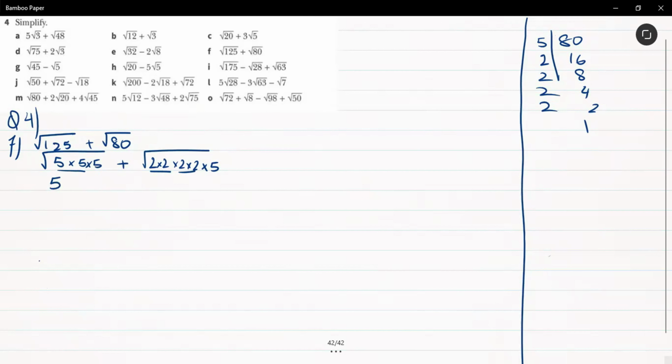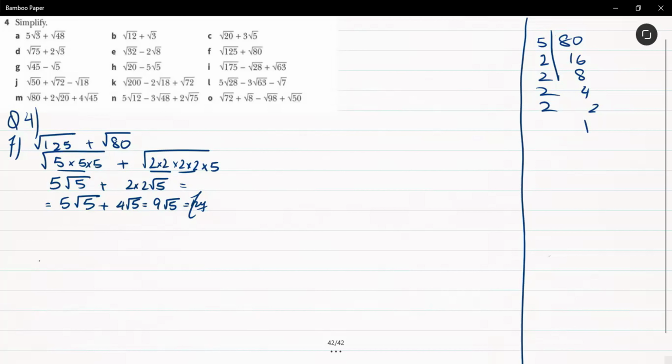So we would get 5√5 here, plus 2 × 2√5 here. That would be 5√5 + 4√5. And that would give us the answer 9√5. And that's it for part F.